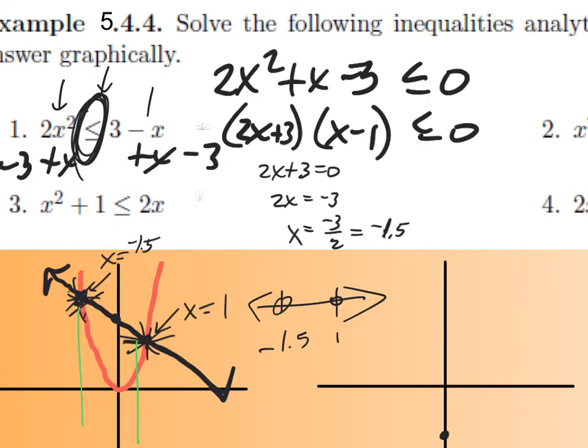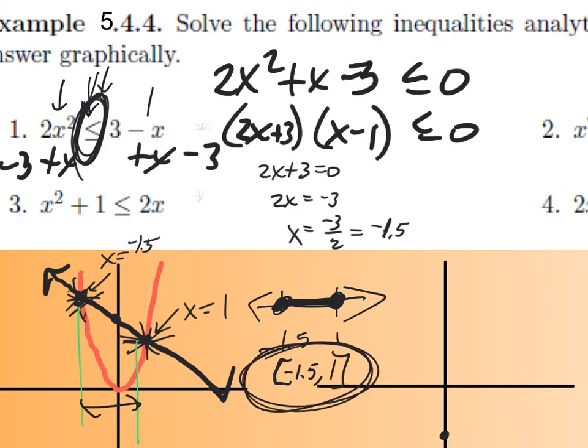If it ever says "or equal to," which it does, see this one says less than or equal to, then you fill those in. Okay, now I want what's between here and here. So then I'm shading it in. So now I can pretty easily tell that my answer's from bracket -1.5 to 1 bracket. There's your zone that works.